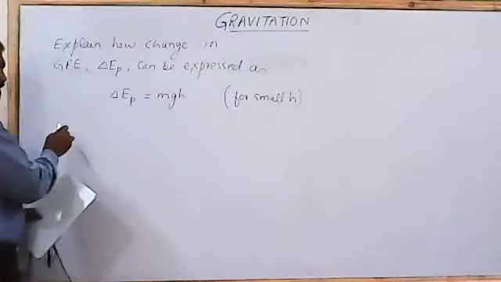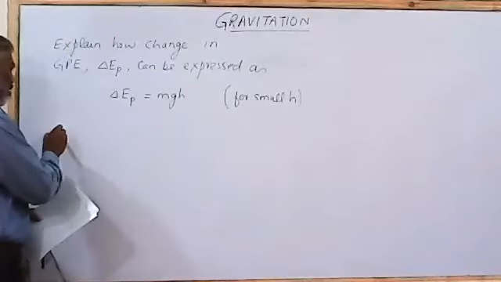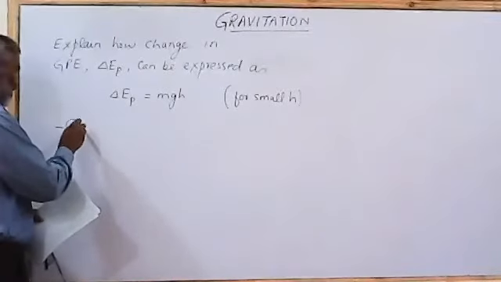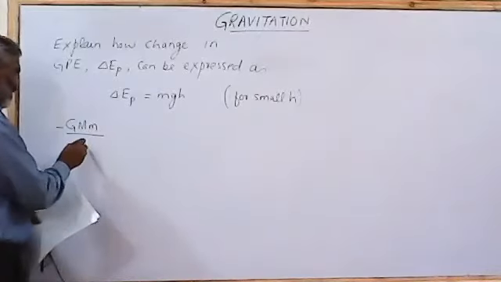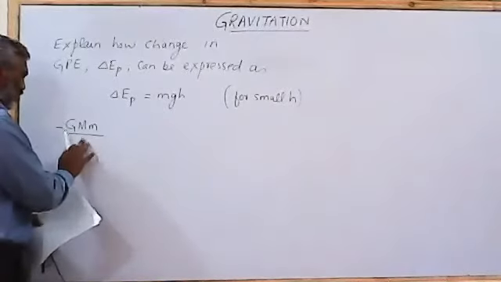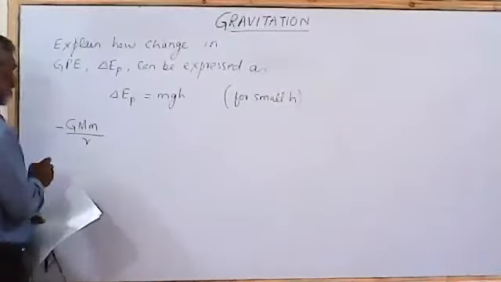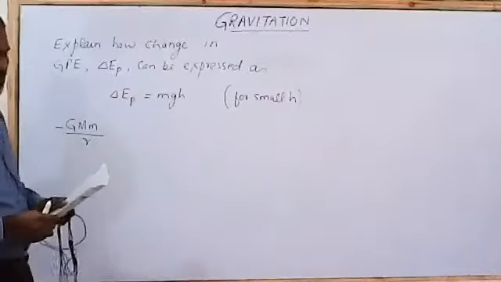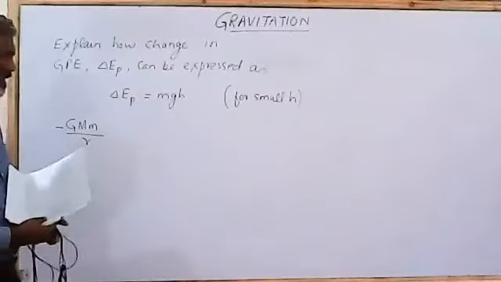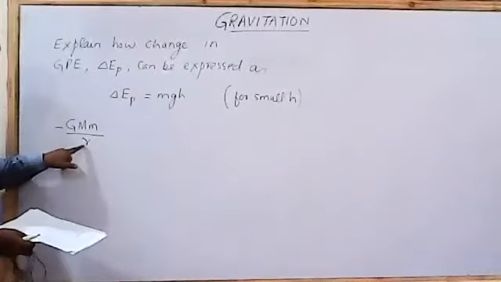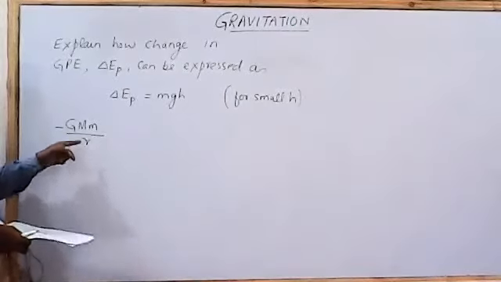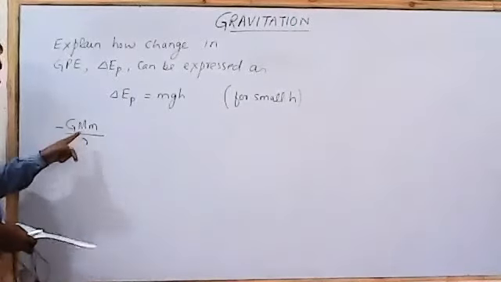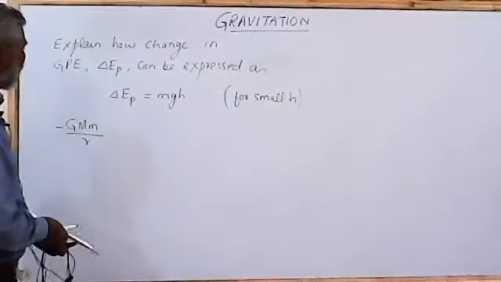We know that the expression is minus GMm over r. This is the standard expression for gravitational potential energy at any distance r from the center of the earth if mass m is involved, and this is the mass of the earth and G is gravitational constant.